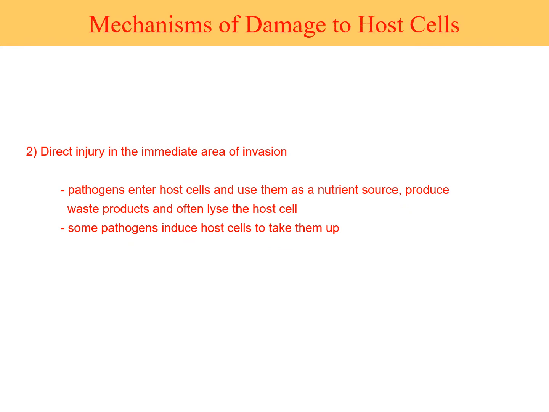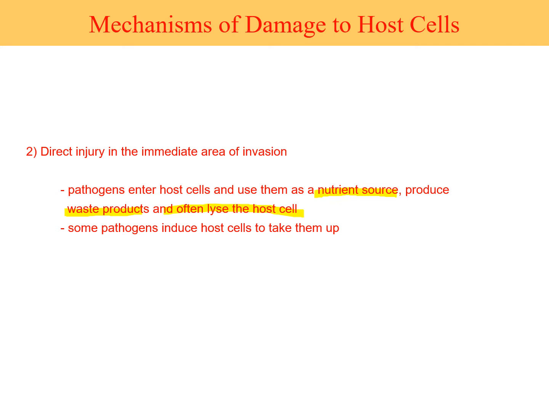Direct injury in the immediate area. Some pathogens will enter host cells and use them as a nutrient source and produce some waste products that often lyse the host cell. That's how they trigger their cytopathic effect, and they leave and infect other cells.